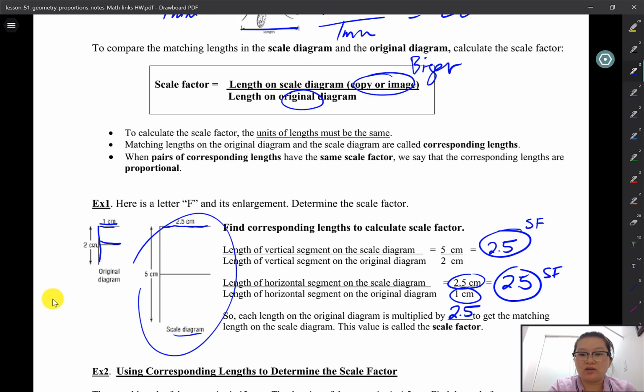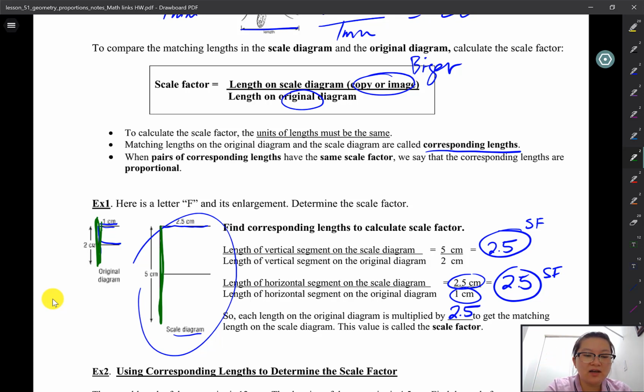A few more terminology terms to make sure we are clear on everything. First one is corresponding lengths. Corresponding lengths are matching dimensions on your original versus your copy. For example, this vertical one versus this vertical part of this F is a corresponding length, because notice my 2 to the 5 scales up by 2.5.